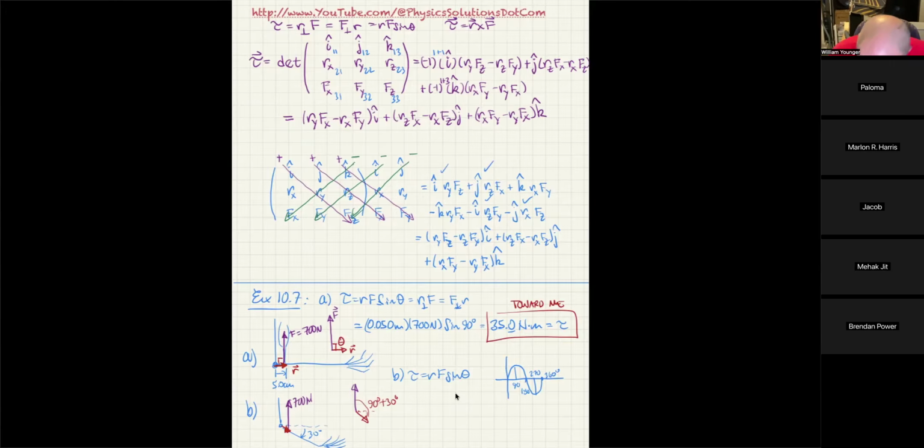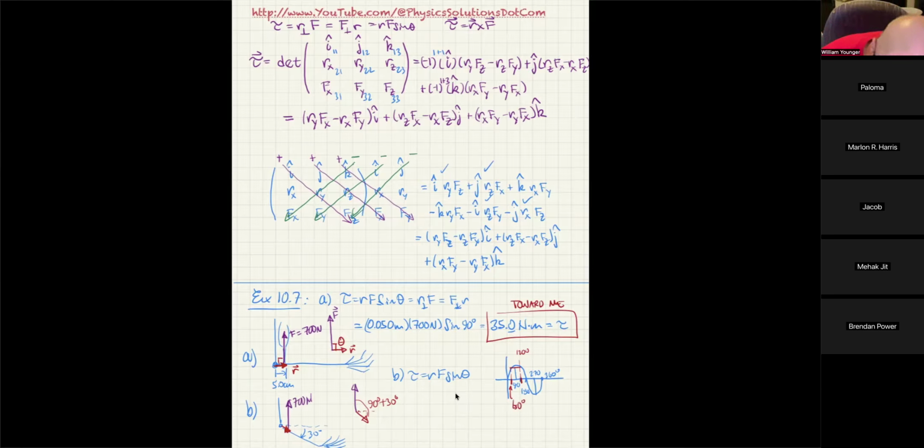And what we're looking at here is 120 degrees, which is 30 past 90. So if I go 30 past 90, that's 120 degrees. But that should be the same thing as 30 less than 90. So this is 60 degrees.